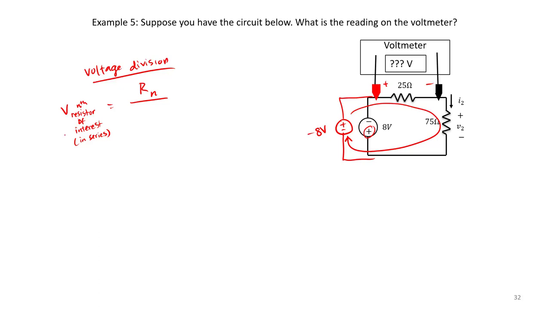So the voltage of our nth resistor in series is that resistor's resistance divided by the total resistance of all the series resistors, times Vs, where Vs is the source voltage. And again, this is assuming the passive convention is satisfied and that the direction is such that the current is entering the positive terminal.